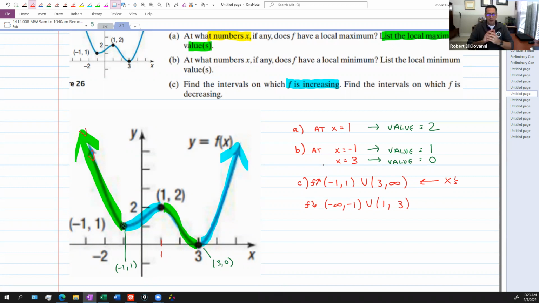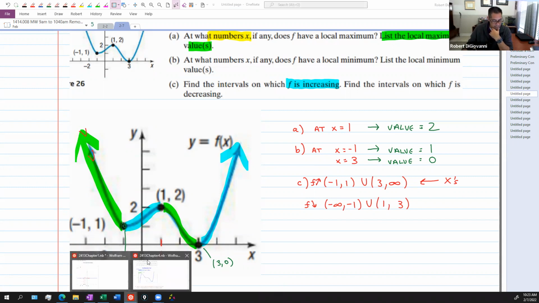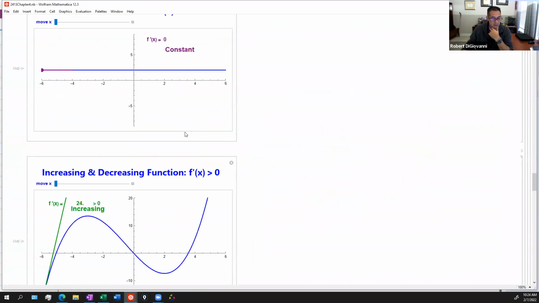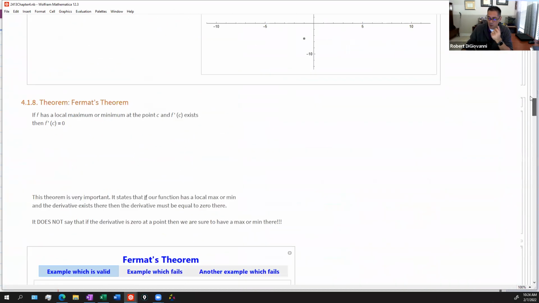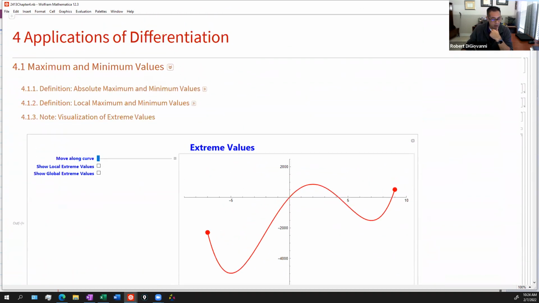Like I said earlier, in Calculus 1, our main objective in the class is to be able to figure out where this is happening. It takes a long time to get to it. In fact, these are my notes for my Cal 1 class. I have very formal notes for Cal 1.